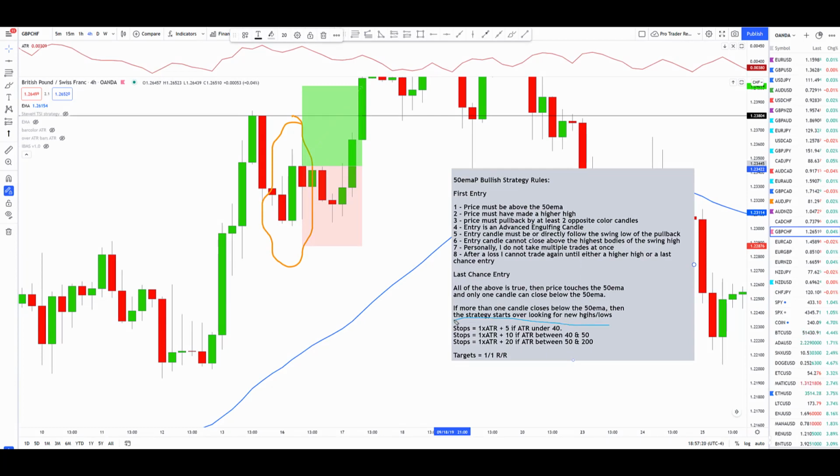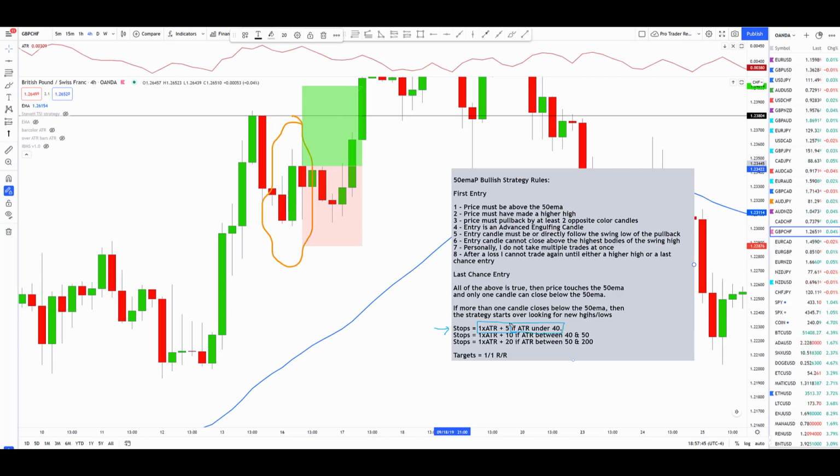We have a way of taking stops and targets that's called dynamic stops, and we have one-to-one targets for this lesson. We'll talk about dynamic targets a little later in the course, but we have what's called dynamic stop losses. So the way this works is right here, as you can see at the beginning, stops 1x ATR plus 5 if the ATR is under 40.